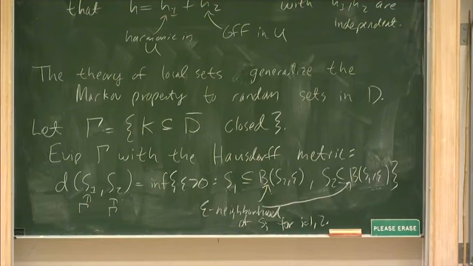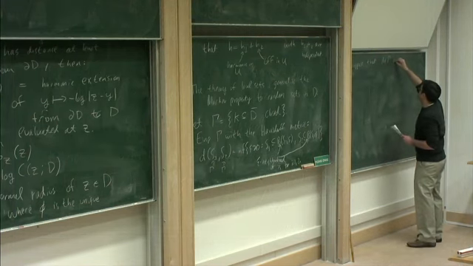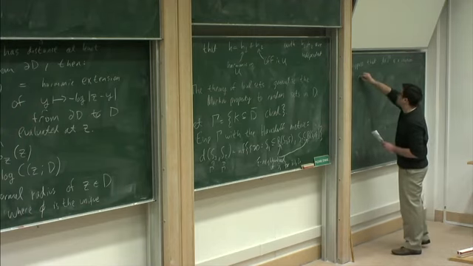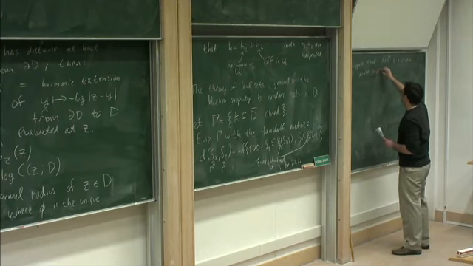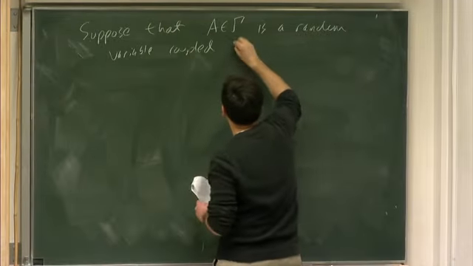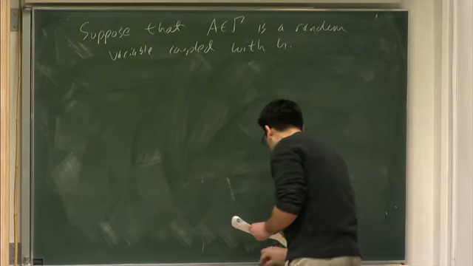Okay, so now let's suppose that we have a random variable A and this is coupled with our Gaussian free field H. Okay.